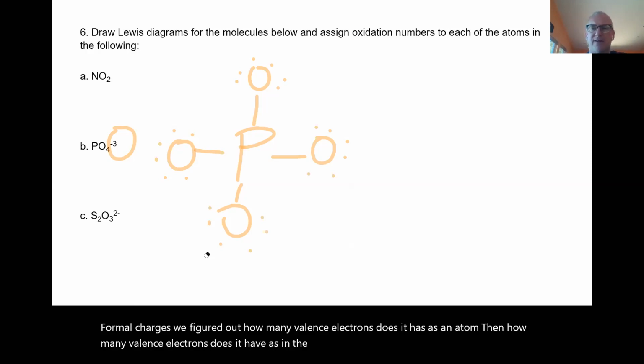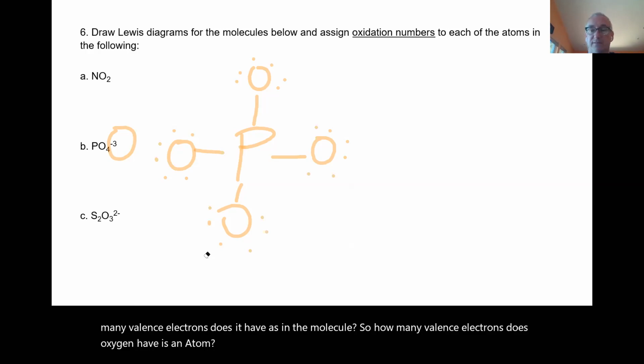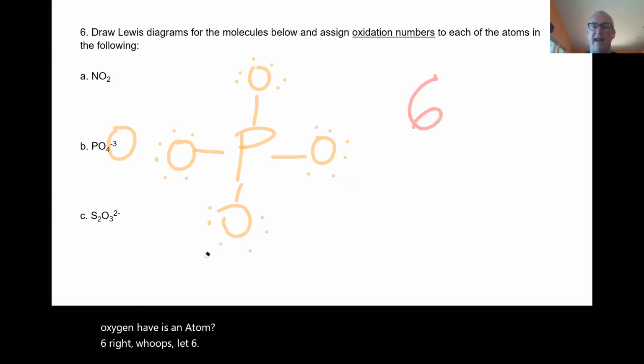So how many valence electrons does oxygen have as an atom? 6, right. It has 6. And then we subtract how many it has in the molecule. They're all the same right now.